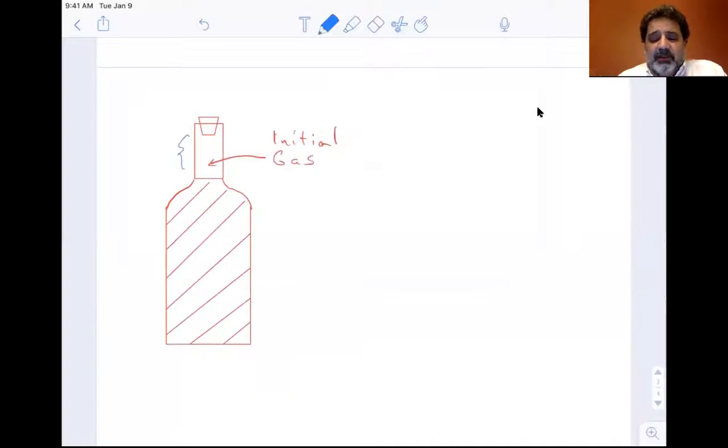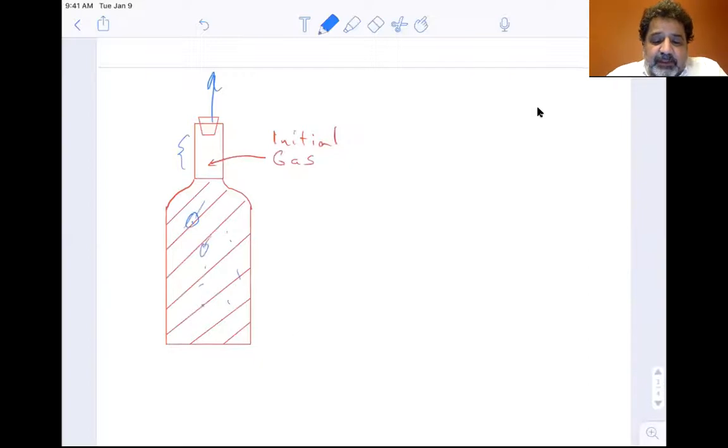You've got the gas, and if you shake it, that gas gets mixed in with the liquid underneath, under the initial pressure, which is much higher than atmospheric pressure, that it was when it was bottled. And so if you release the cork, these bubbles in here expand.